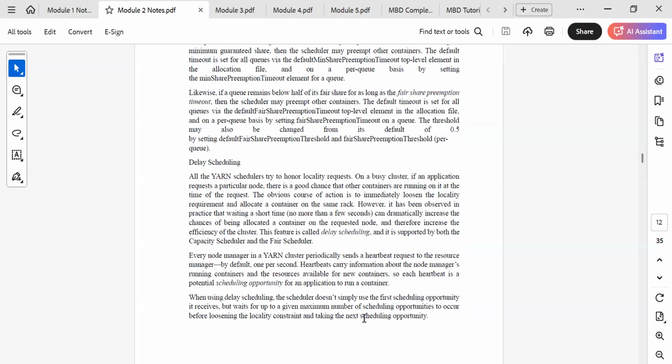When using delay scheduling, the scheduler doesn't simply use the first scheduling opportunity it receives, but waits for up to a given maximum number of scheduling opportunities to occur before loosening the locality constraint, right? So I hope this is all you came to know about this.